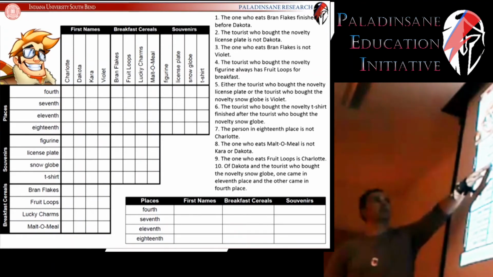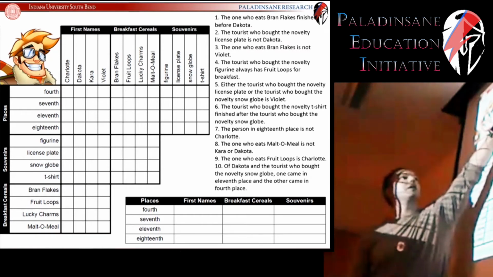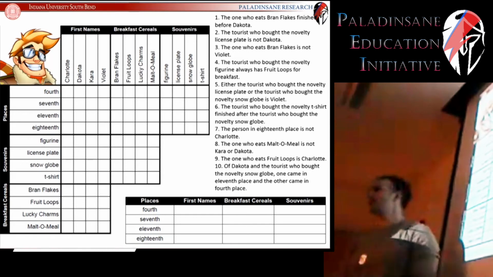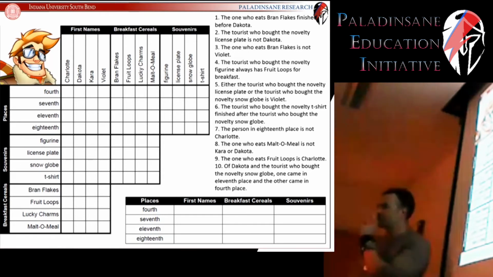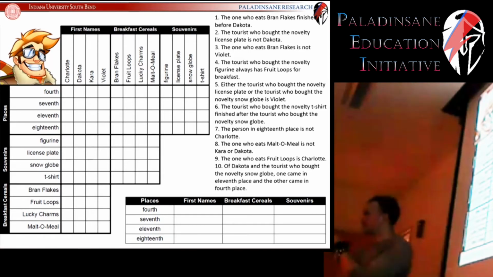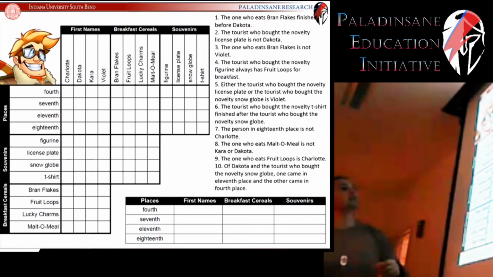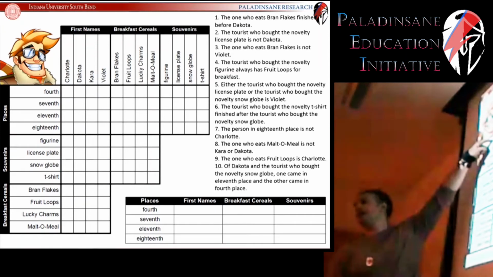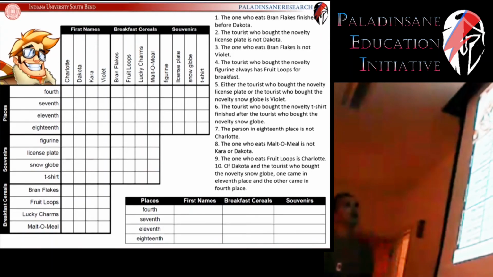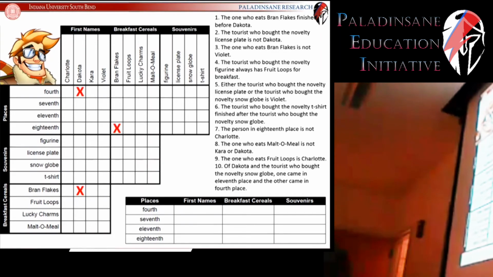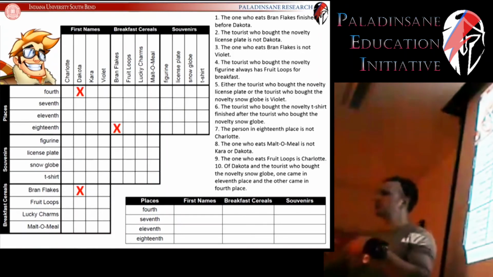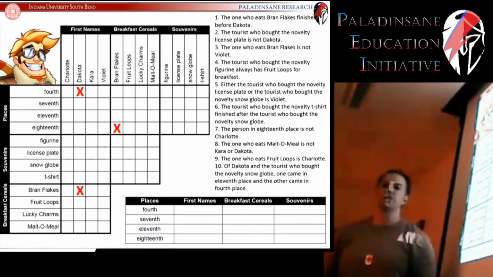So where bran flakes intersects with 18th, we can put an X. We got one last piece of information. Dakota wasn't 4th. If the person finished before Dakota, then Dakota can't be in the highest position. She can't have finished 4th. So that one piece of information allows us to make these three deductions, these three logical conclusions about what's going on.